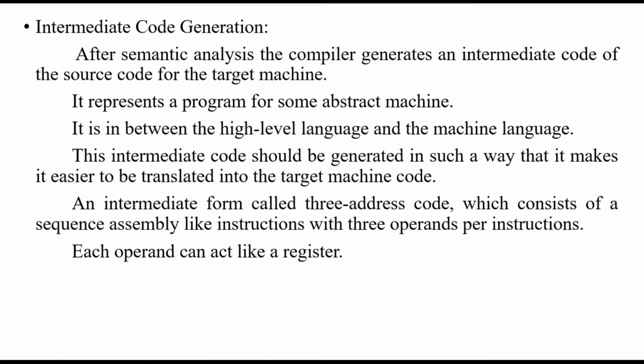Each operand can act like a register. In 3-address code, you can use a maximum of 3 operands. So in between 3 operands, you can use a maximum of 2 operators. So from the semantic analyzer output, it can generate the intermediate code.